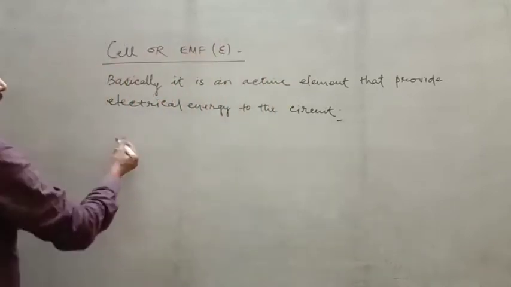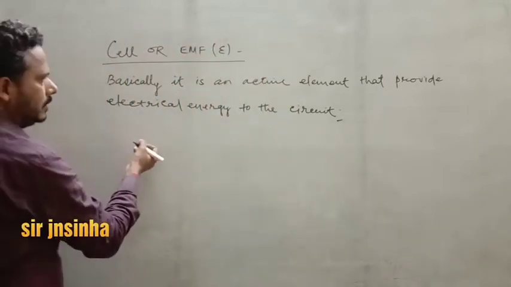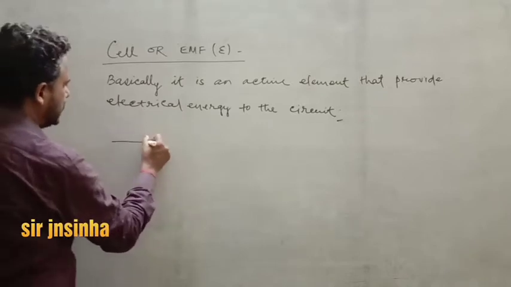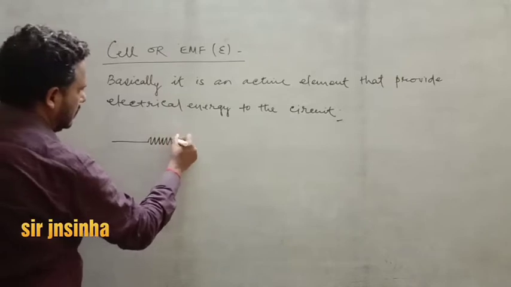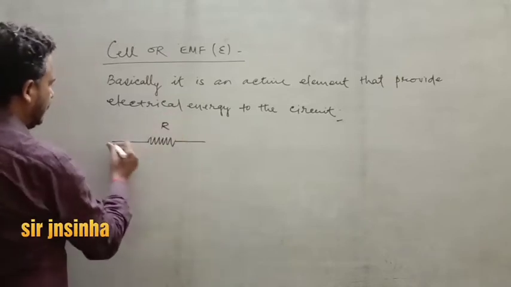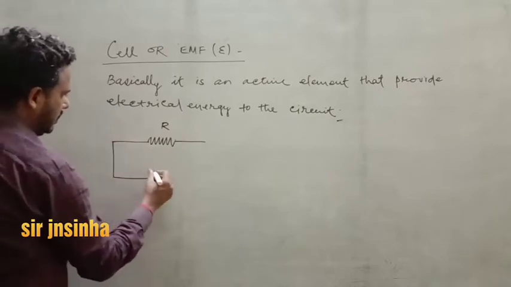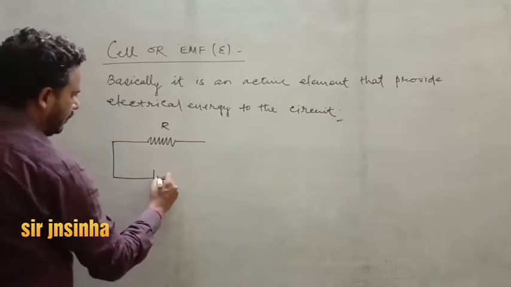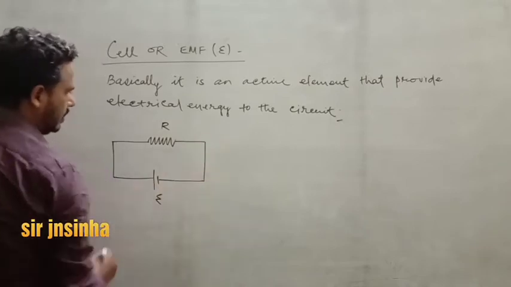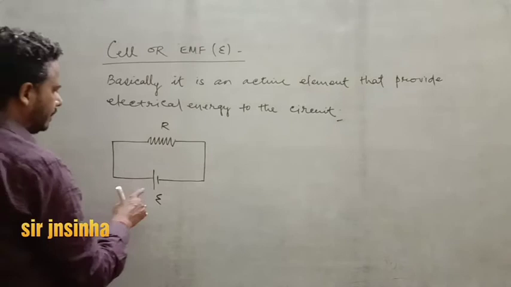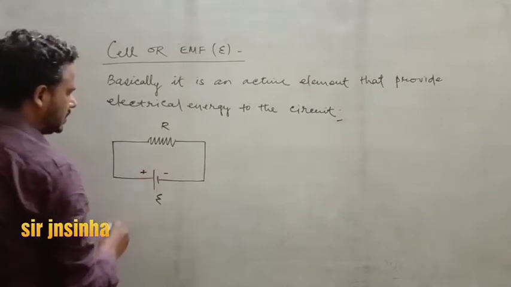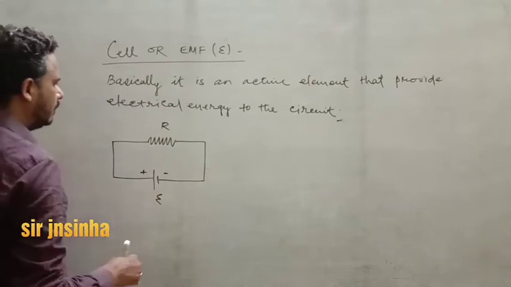Okay, so now I am just going to draw a simple circuit diagram consisting of a resistor R and an EMF E. So what is happening here is that this one is the positive terminal and this one is the negative terminal of this EMF.